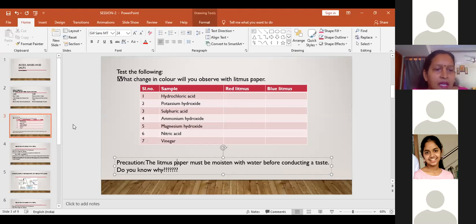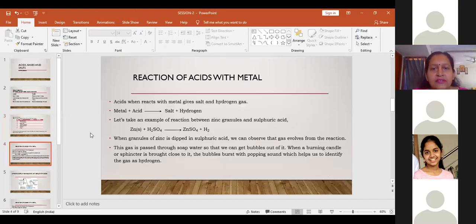Now moving on to the next thing that we are going to learn today, which is how metals react with acids. The reactions that we are going to learn now specify the chemical properties of acids and bases. Till now, acids being sour and bases being bitter are all physical properties.